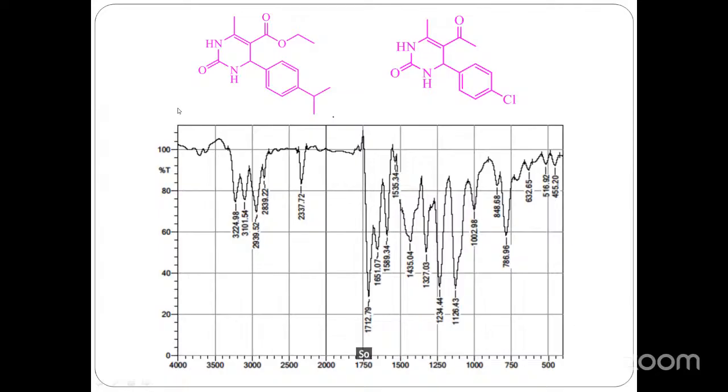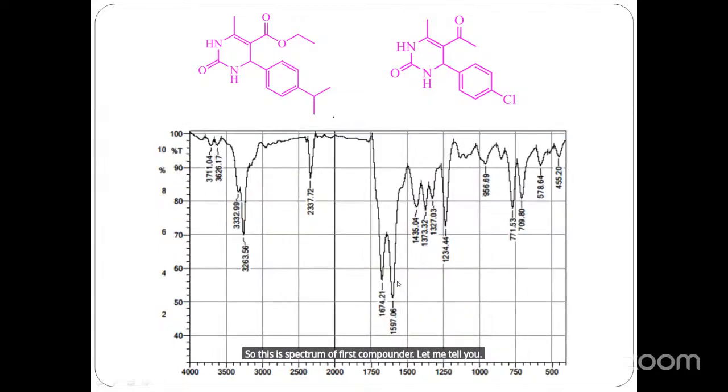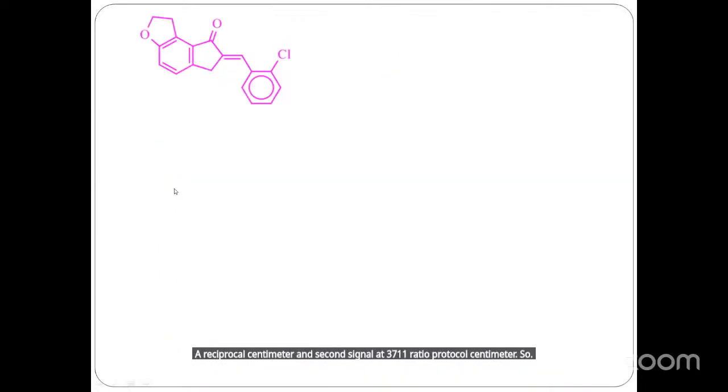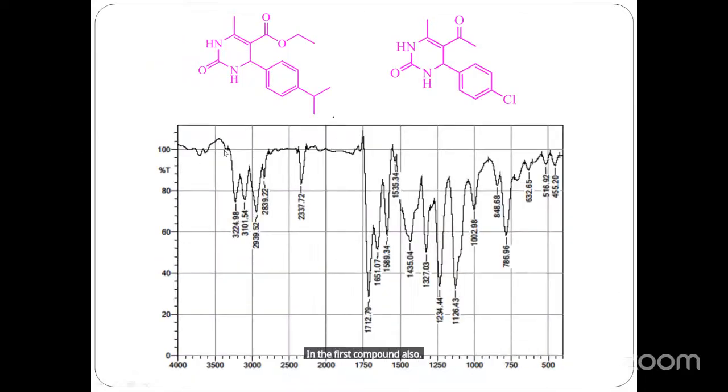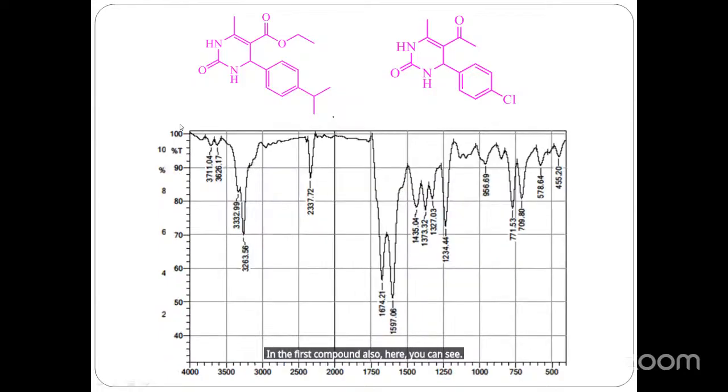So this is the spectrum of the first compound. Let me tell you, the spectrum of the second compound is this one. Now here these two peaks are labeled. You can see one signal at 3626 reciprocal centimeter and the second signal at 3711 reciprocal centimeter. The same signals are there in the first compound also. So here you can see, and here you can see. To which groups does this signal belong?